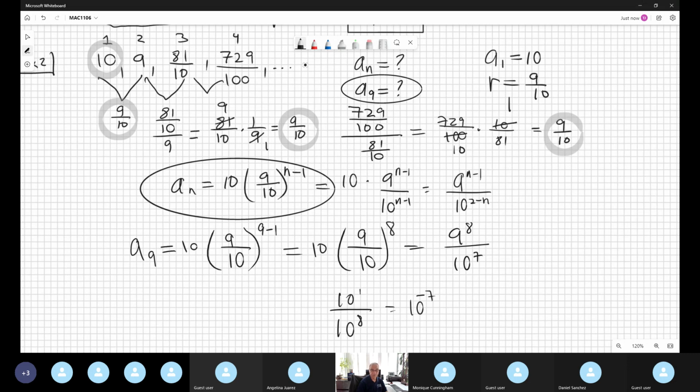This is in the denominator. If you want, you can put this number in the calculator and get a huge number, like a fraction.